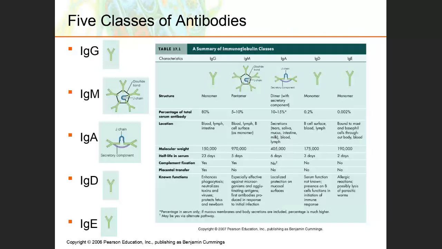There are 5 classes of antibodies, and you need to be familiar with all 5 classes. And there's a fairly easy way to remember them. What mnemonic device can you use to remember the 5 classes of antibodies?